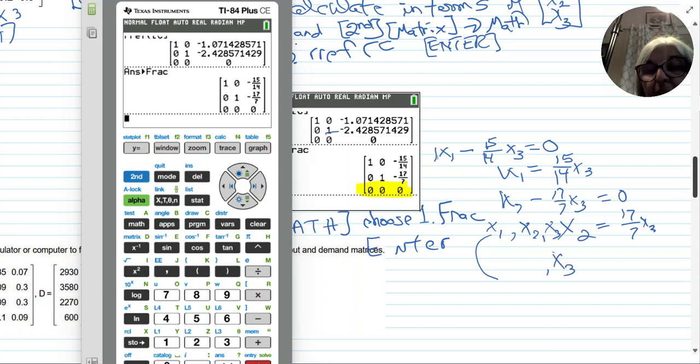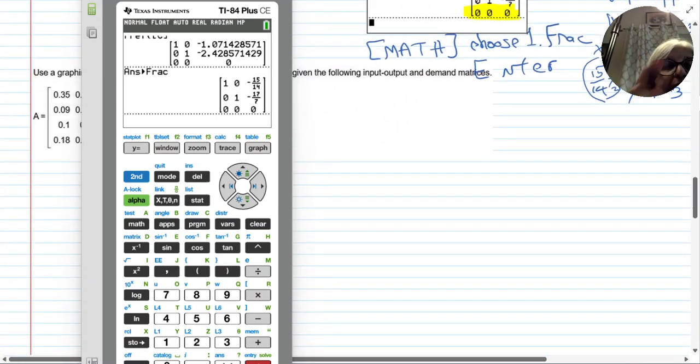And then x of 2, though, is restricted by 17/7 x of 3. And x of 1 is restricted by 15/14 x of 3. So there you have it, because it can be many, many solutions.